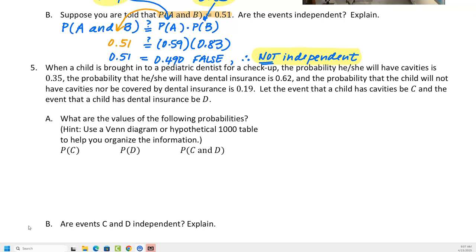Let the event that a child has cavities be C, and the event that a child has dental insurance be D. Okay, so I will write that here. C is cavities, and let's let D be equal to has dental insurance.